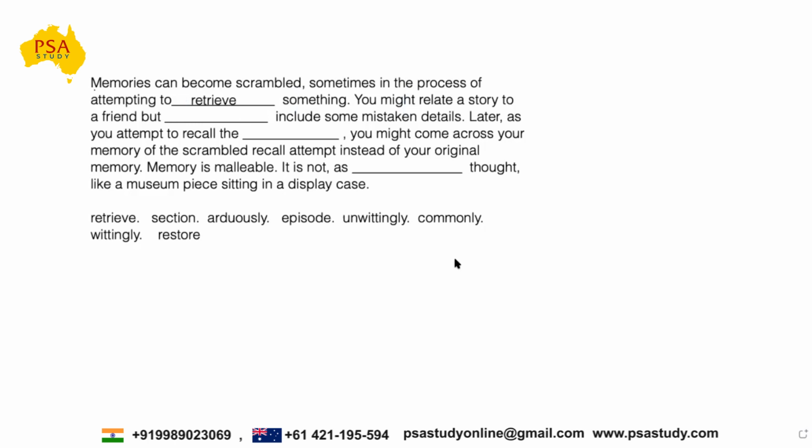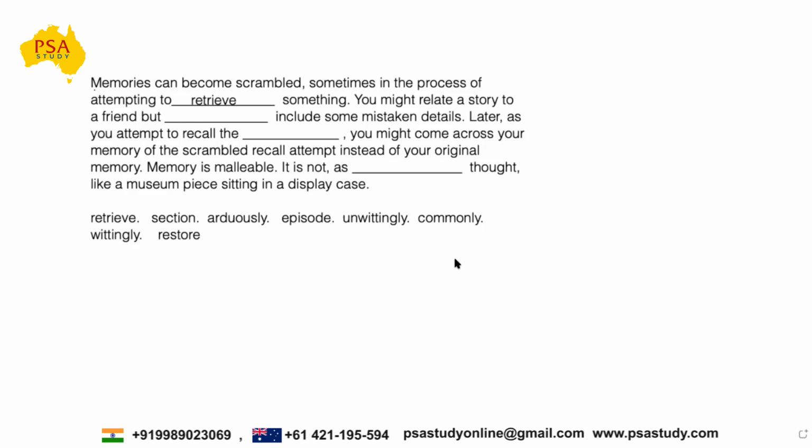And I told you that most of the time that adverb ends with ly. So look at the options: unwittingly, commonly, wittingly, and arduously. So among these four options, we need to fill something over here. Now sense making will come into picture, what the author is talking about. So we dash include some mistaken details.